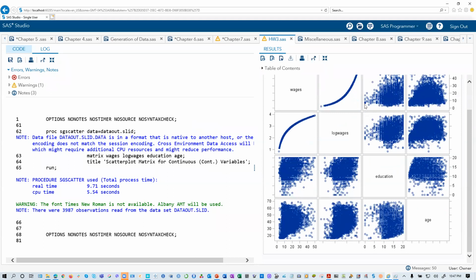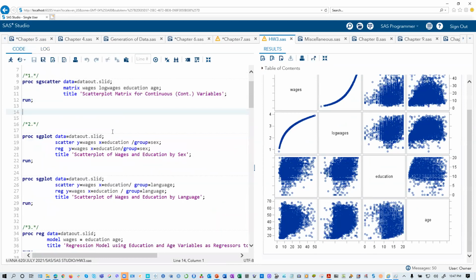So in addition to that, it's been grouped by scatter plot, wages and education, wages and education by the gender, and their regression line by gender.